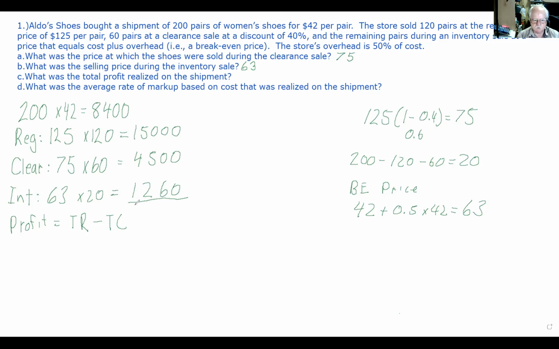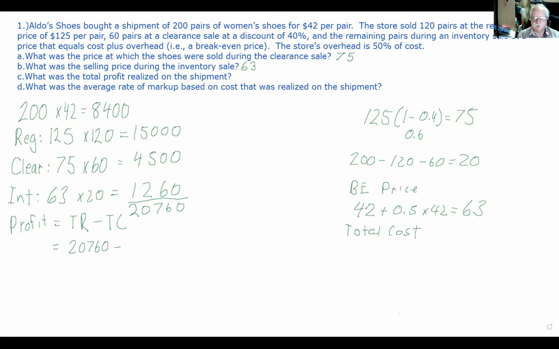So their total revenue was 20,760. And so here, we're going to put that in here, 20,760. And we need to get total cost. So how are we going to figure that?